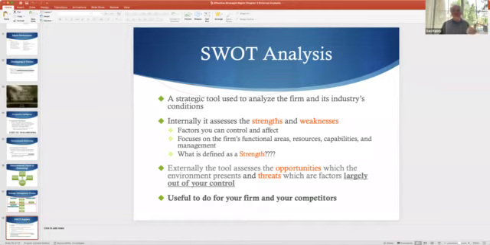It is an opportunity that exists in that environment. Now what you have to do is find a way for your company to exploit it. Threats are those things that are largely beyond the control of your firm. Technology changes, legal changes, societal changes, beyond the control of your firm. Nothing you can do about them.